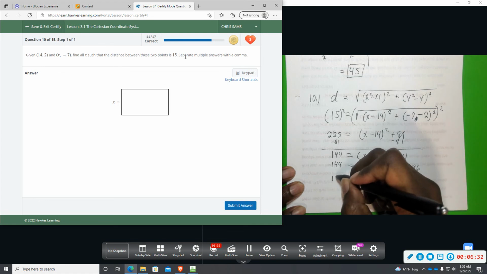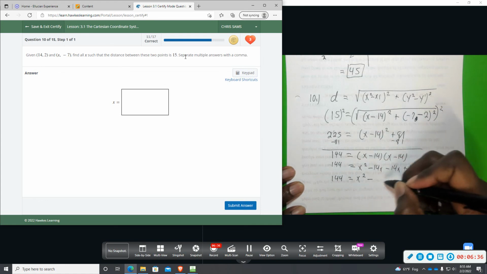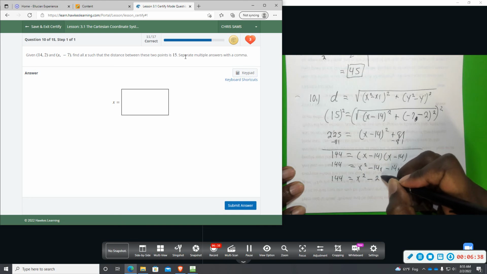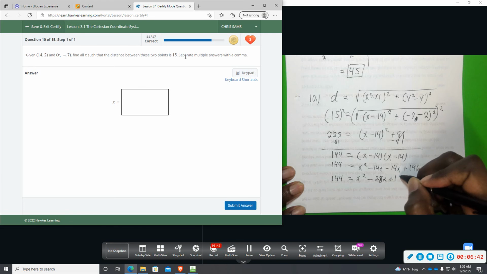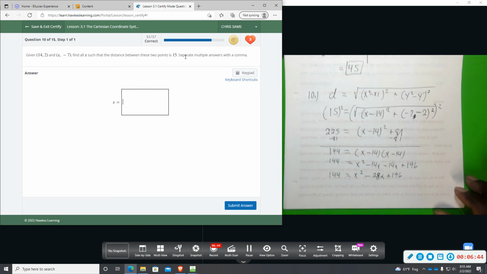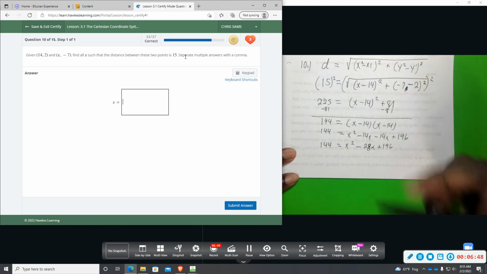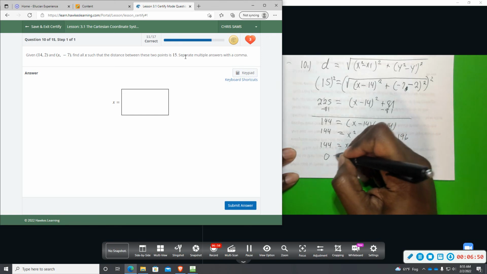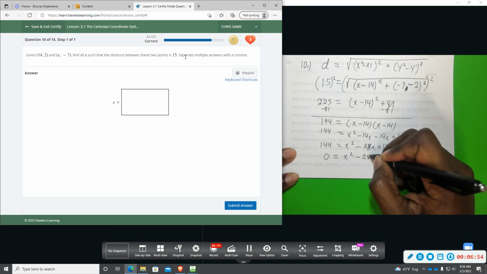Alright, so we have 144 equals x squared minus 28x plus 196. We're going to try to factor this. So it looks quadratic. I'm going to subtract the 144 from both sides. So 0 equals x squared minus 28x.